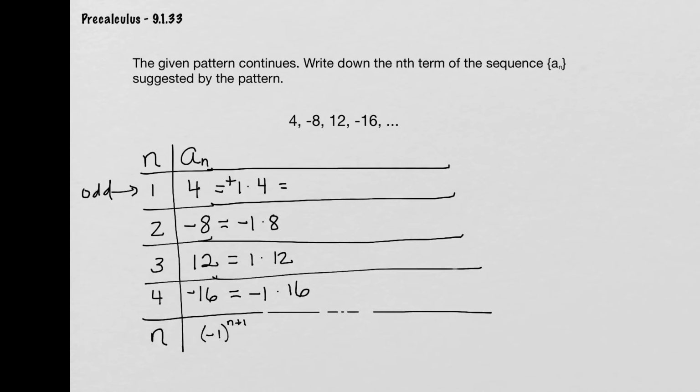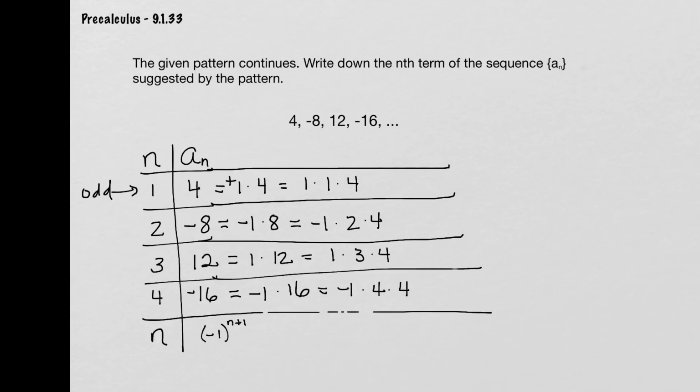And what I notice is 4, 8, 12, and 16 are all multiples of 4. So I can rewrite this as 1 times 4, negative 1 times 2 times 4, 1 times 3 times 4, and negative 1 times 4 times 4.